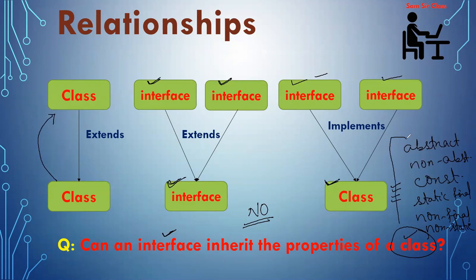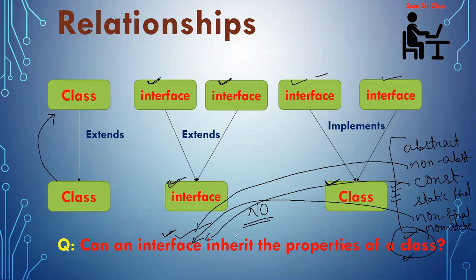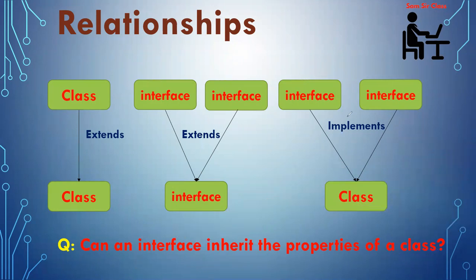All kinds of things are available inside the class. So if we allow the interface to inherit the properties of a class, then non-abstract methods will also come to the interface. Non-final variables will also come to the interface. Constructors will also come to the interface, which is beyond the rule of interface and will violate the rule of interface. So that's why one interface cannot inherit the properties of a class, but one class can implement an interface.